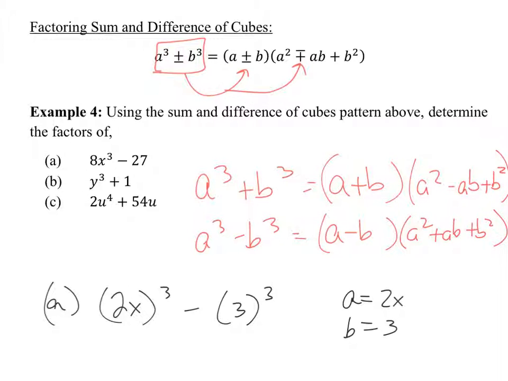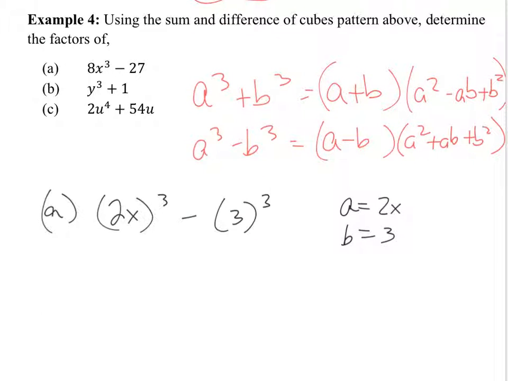And then all you need to do from that point on is plug it in to these points in the factored form. So it's going to be 2x minus 3, parentheses over here, the quantity 2x squared plus 2x times 3 plus 3 squared. So you're literally taking the 3 and plugging it in wherever you see a B, and the 2x wherever you see an A.